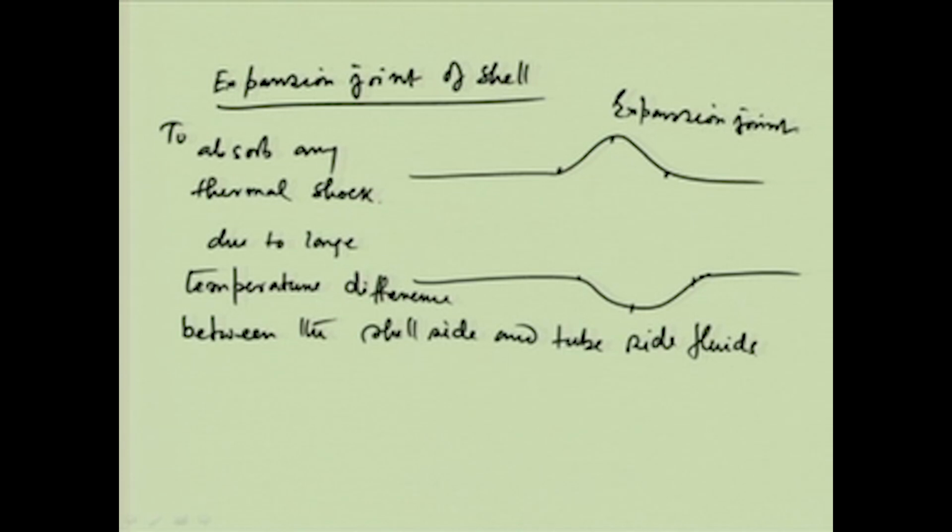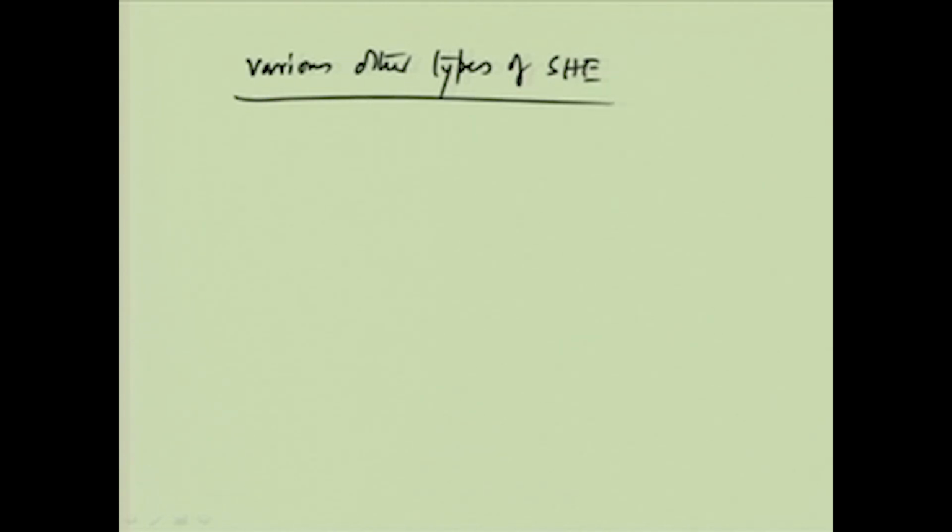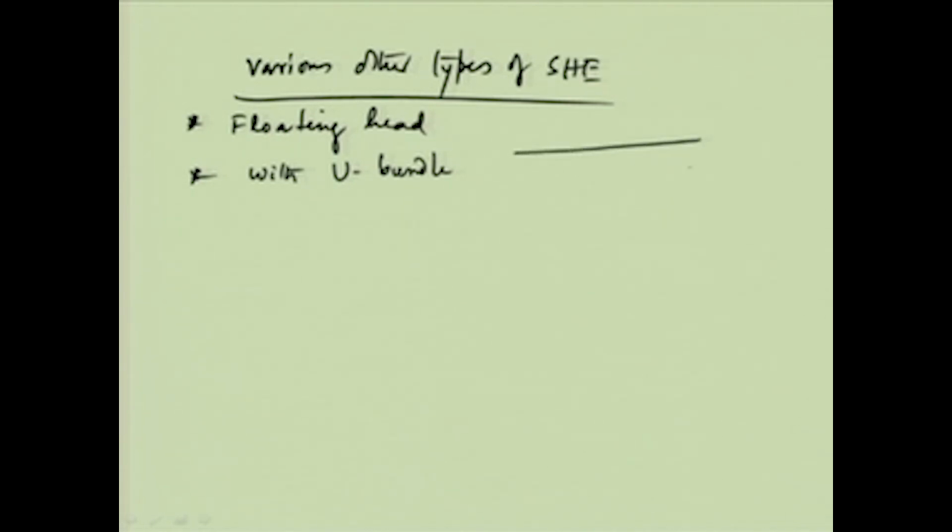Now, apart from this, we have already discussed various other types of shell and tube heat exchanger. Typically, already we have discussed the floating head. Then we can have one with a U bundle. That means tubes are coming like this in a shell and tube exchanger.